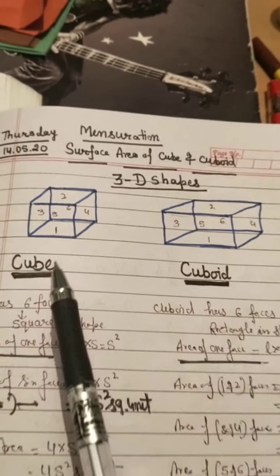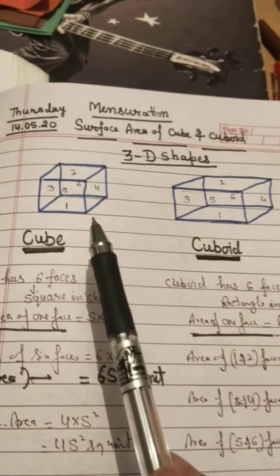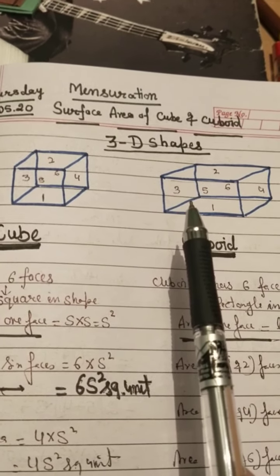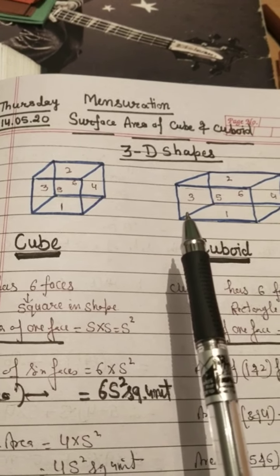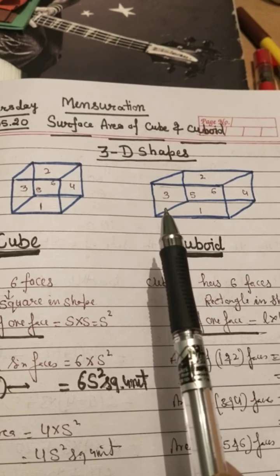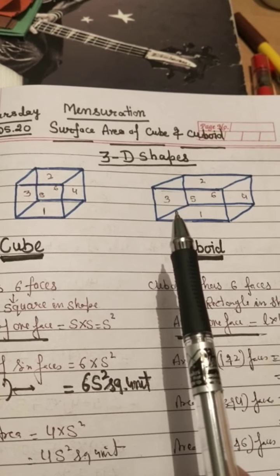So now, surface area of cube and cuboid. Do you know cube? Both cube and cuboid. You already learnt about these three-dimensional shapes like cuboid and cube in previous classes.